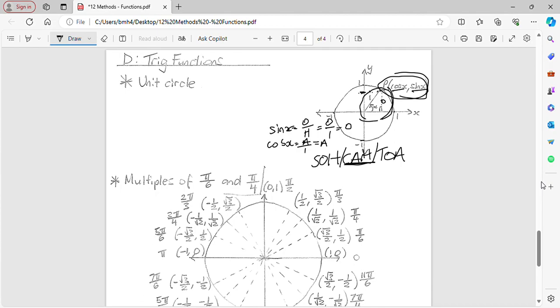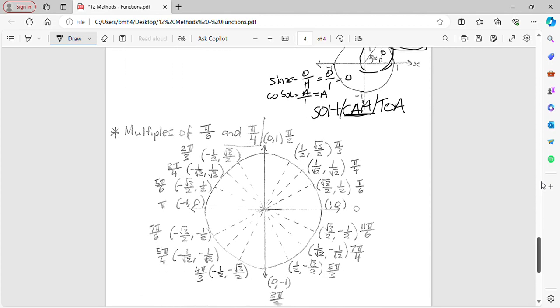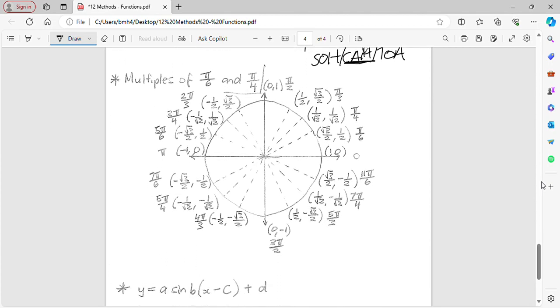So we've got exact values of certain angles of x as we go around the unit circle. So these ones are the ones where we use multiples of pi on 6 and pi on 4 as we go around the unit circle. And as we just saw, this is cosine of the angle, sine of the angle, the x-coordinate and y-coordinate.